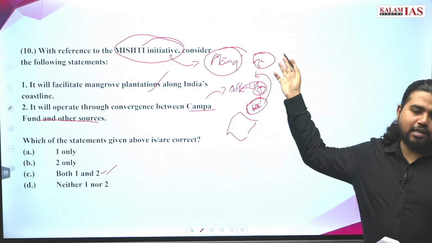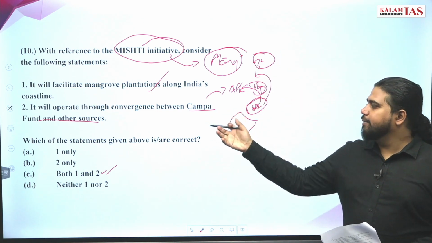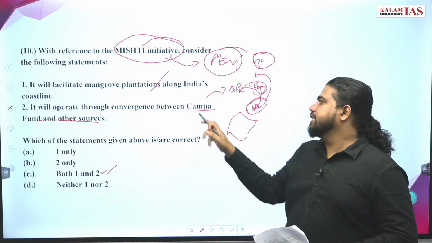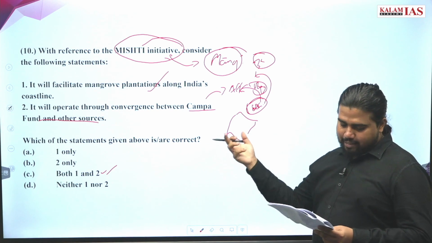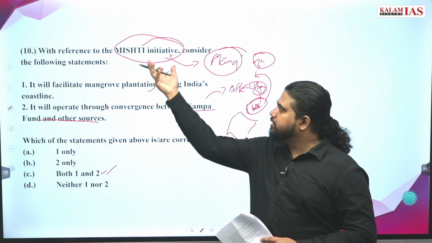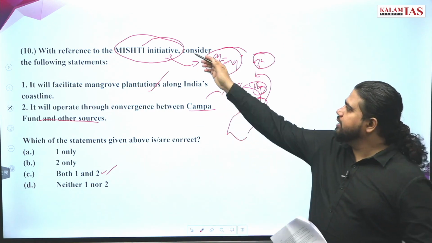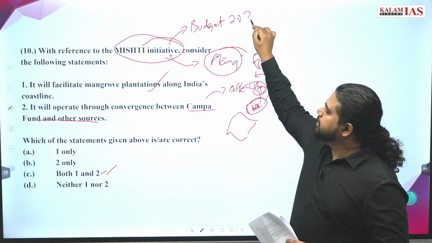This fund will be utilized for afforestation work. So the MISHTI initiative is operating by accumulating funds from CAMPA as well as MGNREGA funds. By converging all these funds, they are raising money for the MISHTI initiative. This is also an initiative that was launched in Budget 2023.